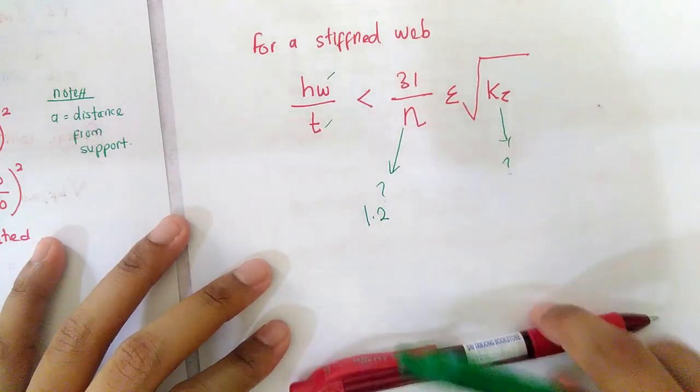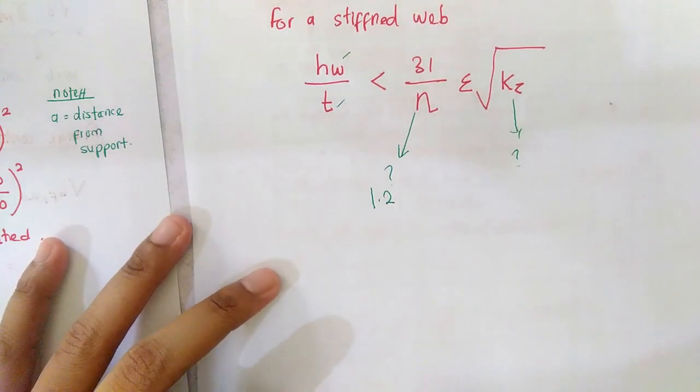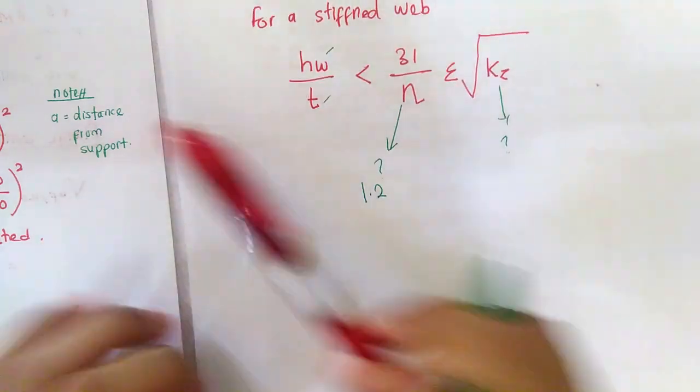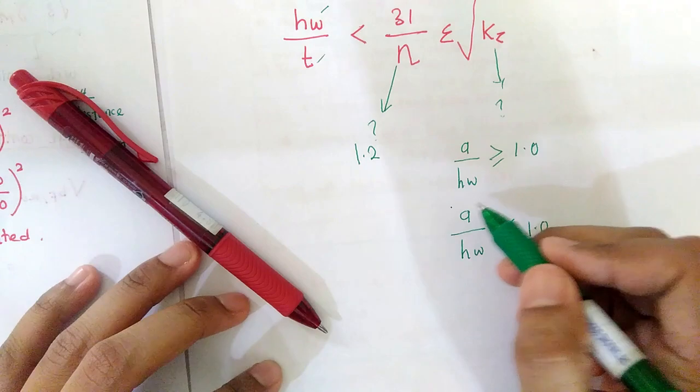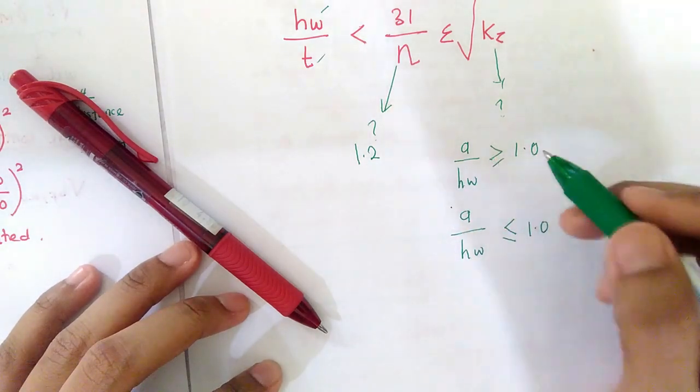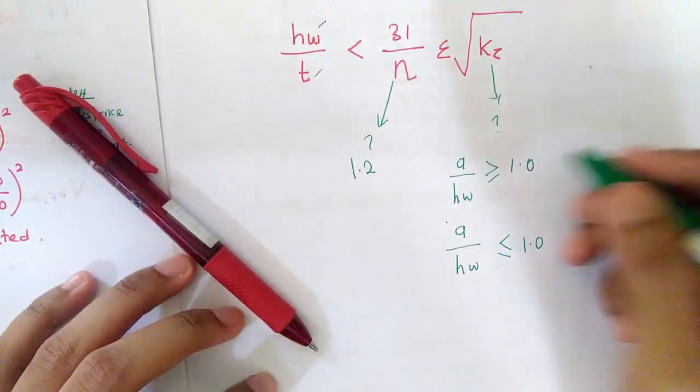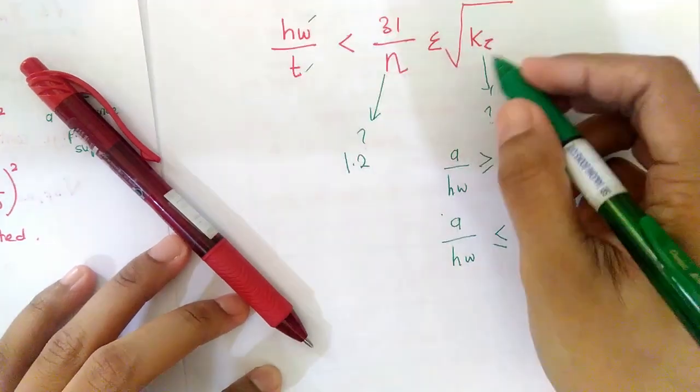For that particular value, we need to refer to whether a over hw is larger than or equivalent to 1, or another condition is that a over hw is lesser than 1.0. So we need to comply with the given equations for this value.